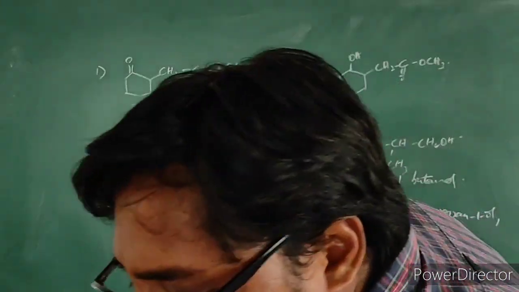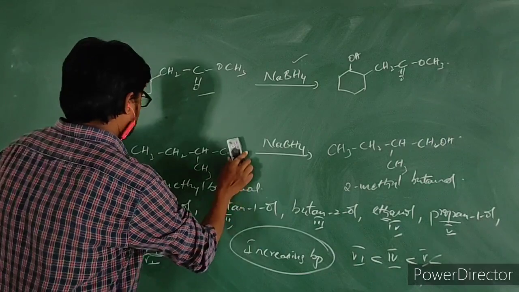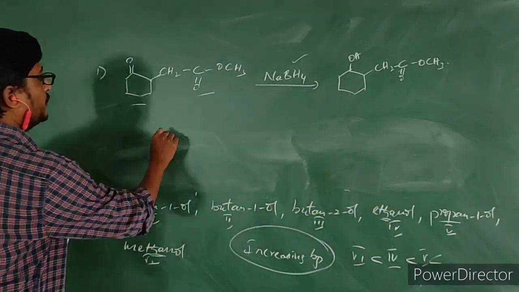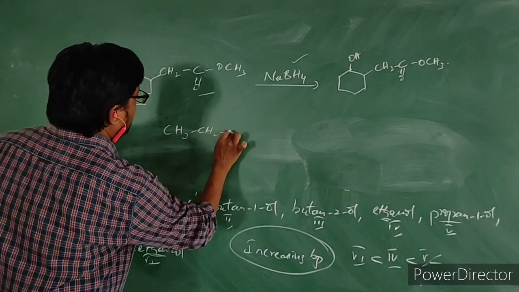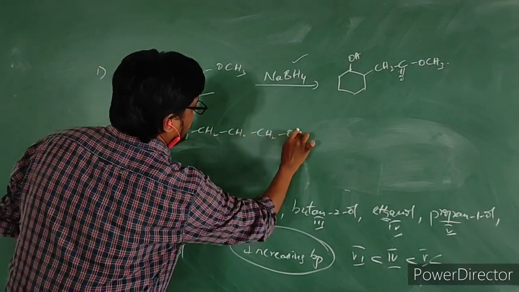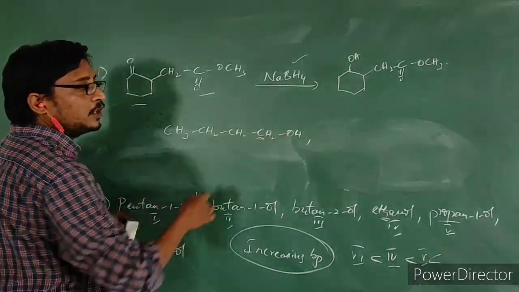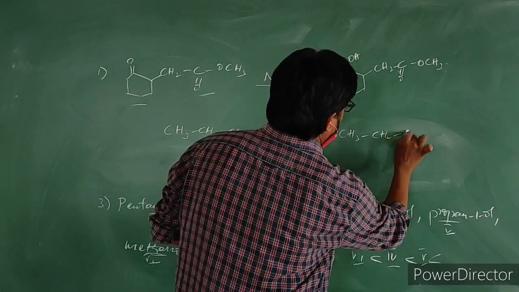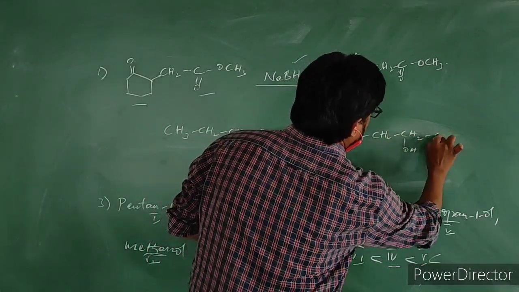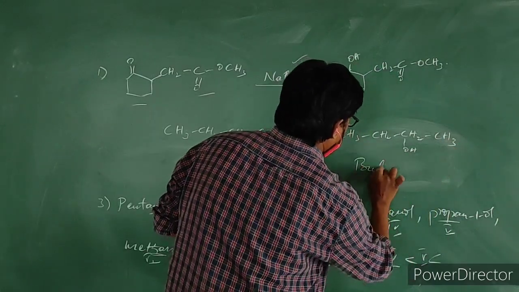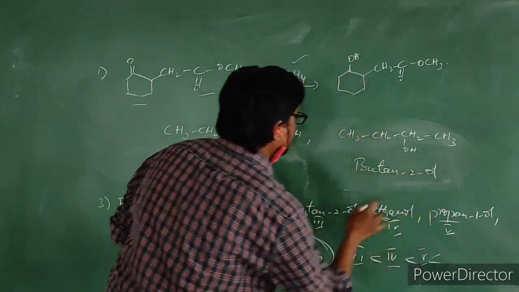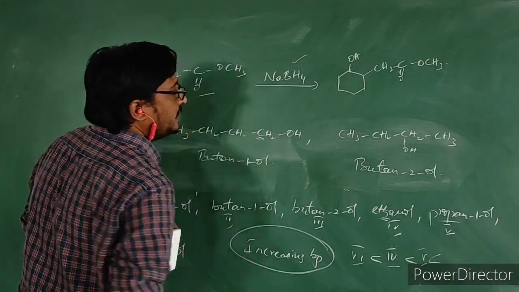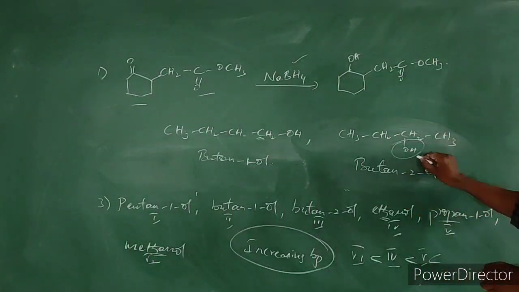So let us consider butan-1-ol and butan-2-ol. Butan-1-ol indicates that at the first carbon an OH group is present. Butan-2-ol indicates that at the second carbon an OH group is present. This is butan-2-ol, and this is butan-1-ol. Here you see it is a branching.